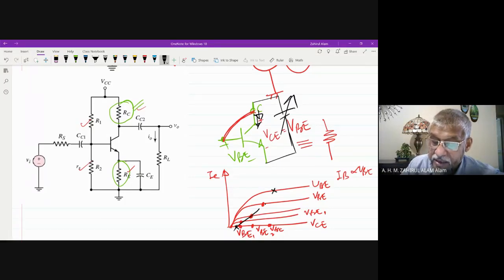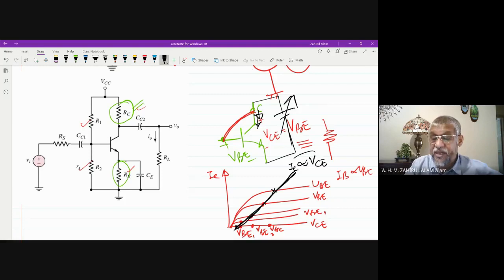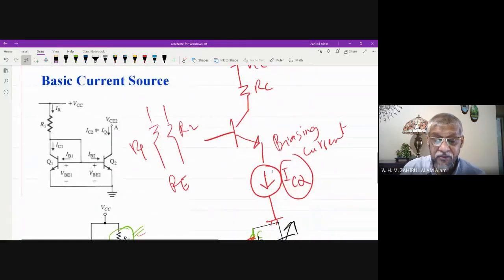So it shows that it is very similar to Ohm's law. So IC is directly proportional to VCE, which satisfies our Ohm's law. Therefore, this configuration we may consider equivalent to a resistance.